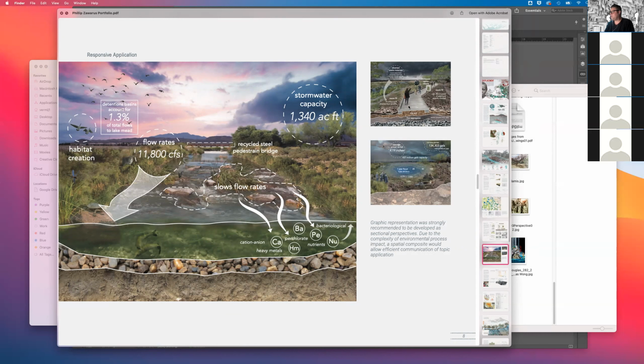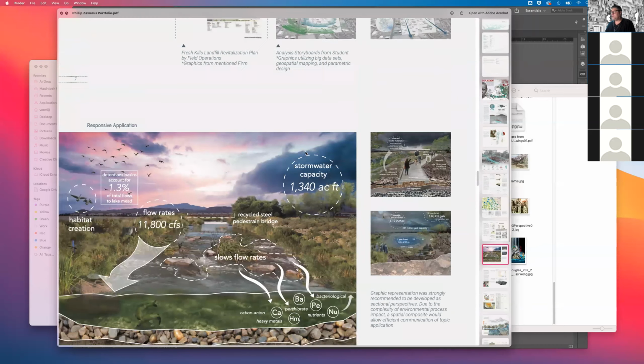See another one here, right? With some silhouettes and some text information, sort of annotating what we're looking at with some metrics, right? So we're talking about, let's say, flow rates for water, how to slow them down, what sorts of contaminants you find in these, and that slowly get filtered in wetlands, things like that, right?